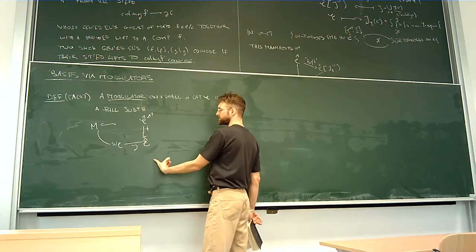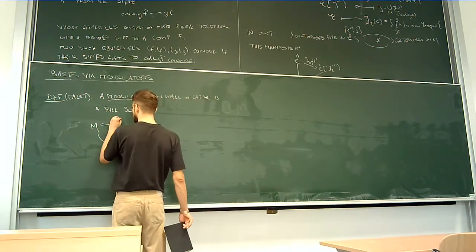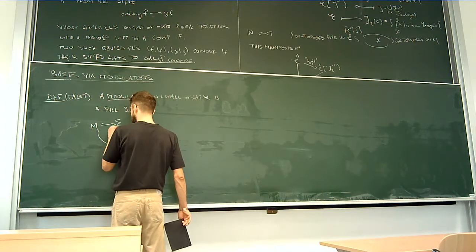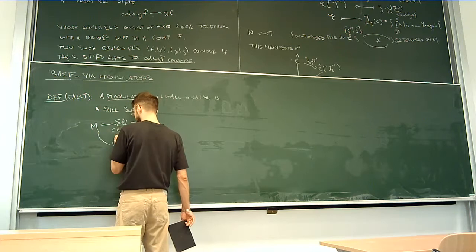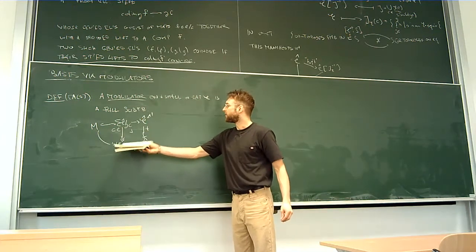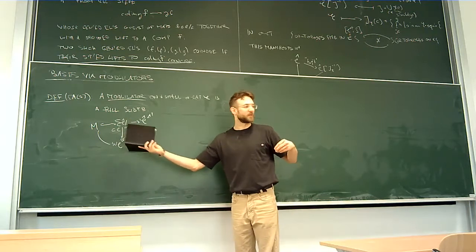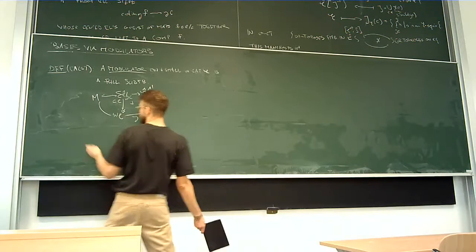Here we have the target fibration. Here we have the presheaves. You can embed C with the Yoneda embedding and take the pullback. The objects in here consist of the maps of representables in the presheaf category. And then we consider a full subfibration of this.